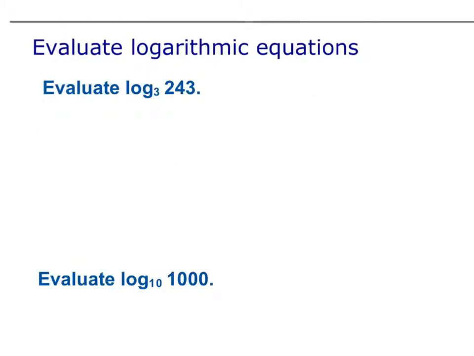Okay, so you can evaluate logs without using your calculator. I'm going to show you a way later to use your calculator, but here's a way that you can do it without using your calculator. I'm going to rewrite it as an exponential and solve. So I'm going to set this log base 3 of 243 equal to x, and write it as an exponential. So I would say 3 to the x power is 243.